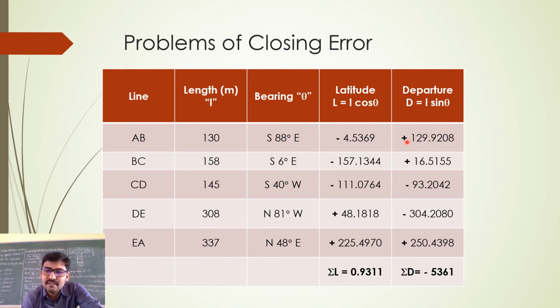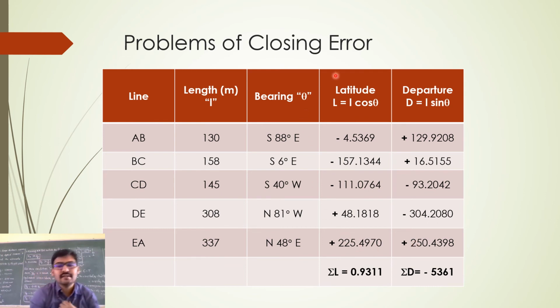In a similar way, the second one also is in the southeast quadrant, so minus plus, and here it is in the southwest quadrant. In the southwest quadrant both will be negative, so for southwest both have minus signs, you can see here, right? Northwest latitude will be positive, departure will be negative, and in the northeast quadrant both will be positive, right?